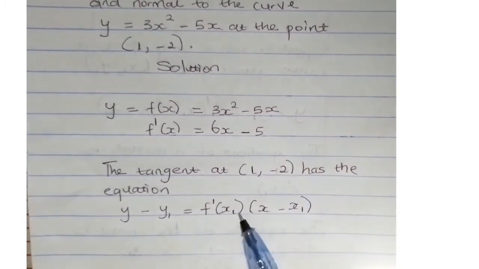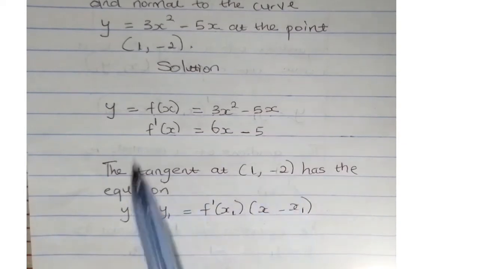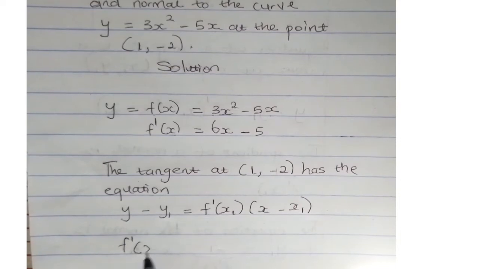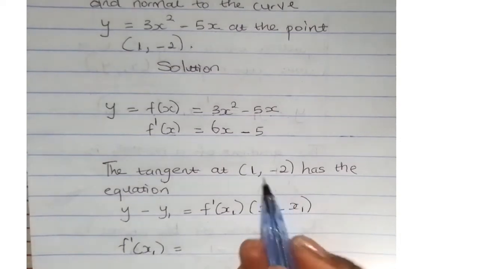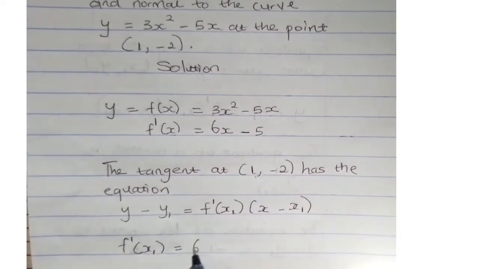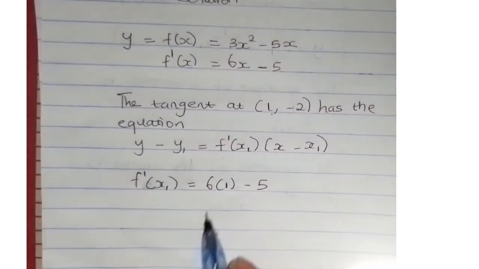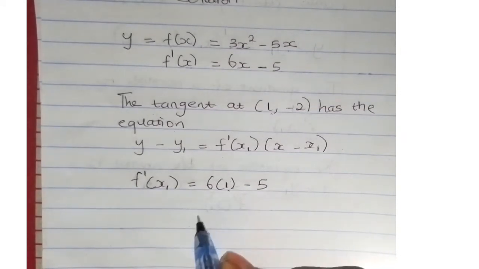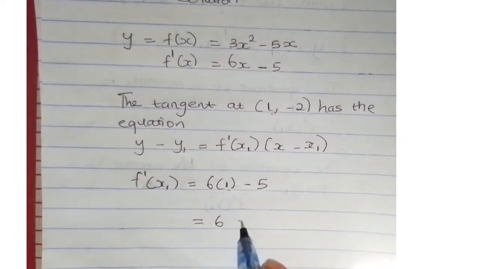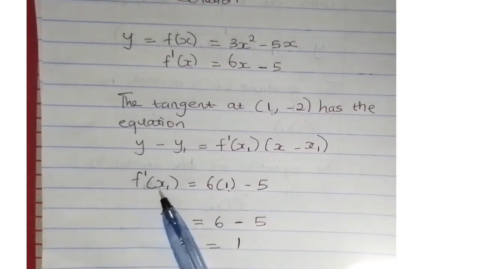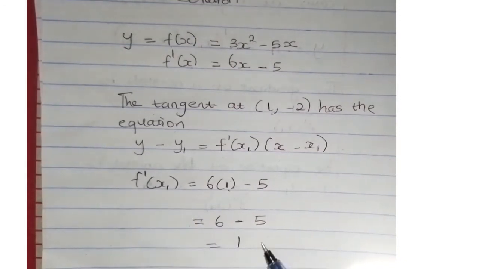And our x1 is given as 1. So putting it into this, f prime of x1: wherever we see x, we put 1, which is 6 into 1 minus 5. 6 multiplied by 1 is 6, so we have 6 minus 5, which is equal to 1. So our f prime of x1 is 1.